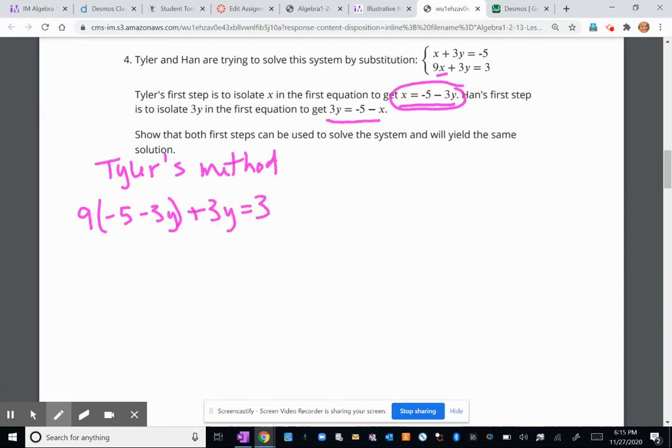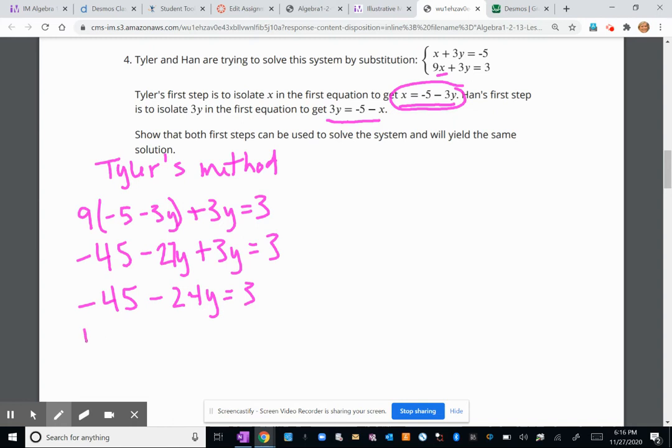So after you distribute the 9, you get negative 45 minus 27y plus 3y equals 3. And that should say 27. Okay, negative 27y plus 3y is equal to negative 24y. So negative 45 minus 24y equals 3.